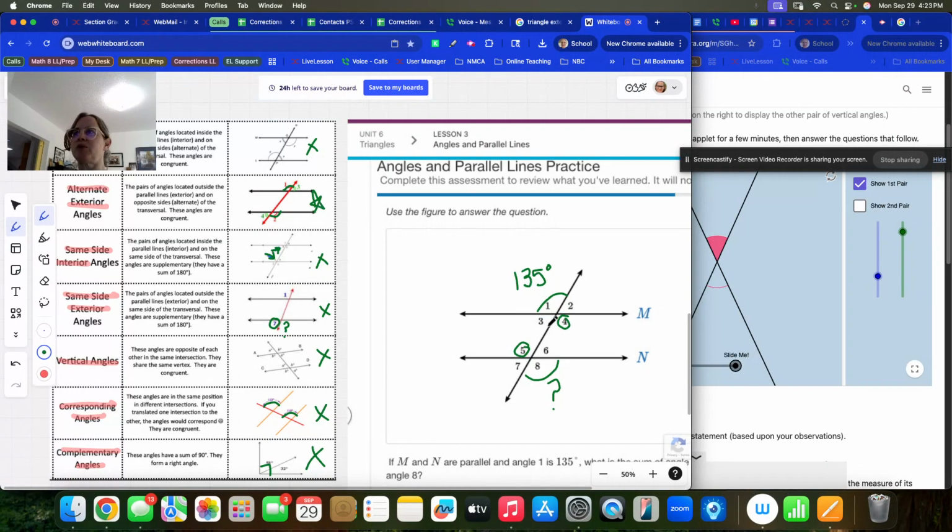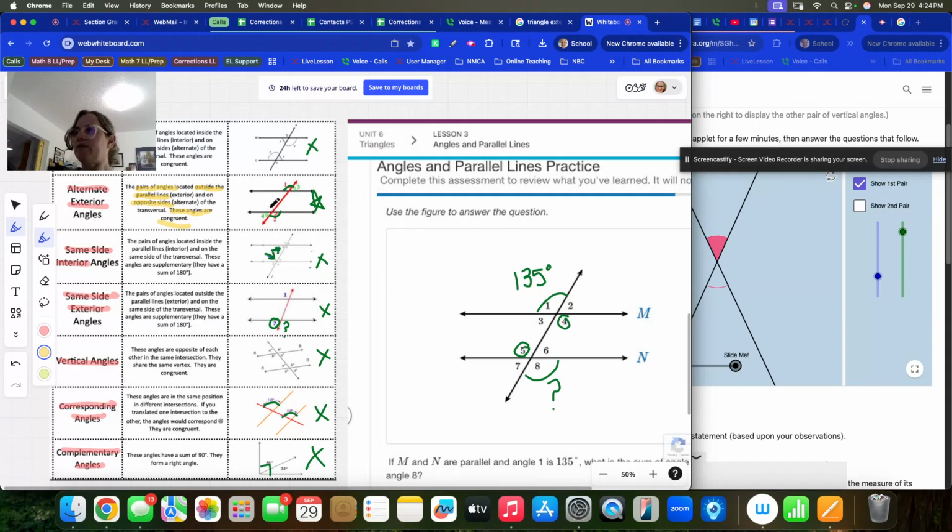Not only does it pretty much look like my drawing, only smaller, none of the other ones looked anything like it. So now I'm going to read this. It says the pairs of angles located outside the parallel lines and on opposite sides of the transversal. That's what I've got. These angles are congruent.